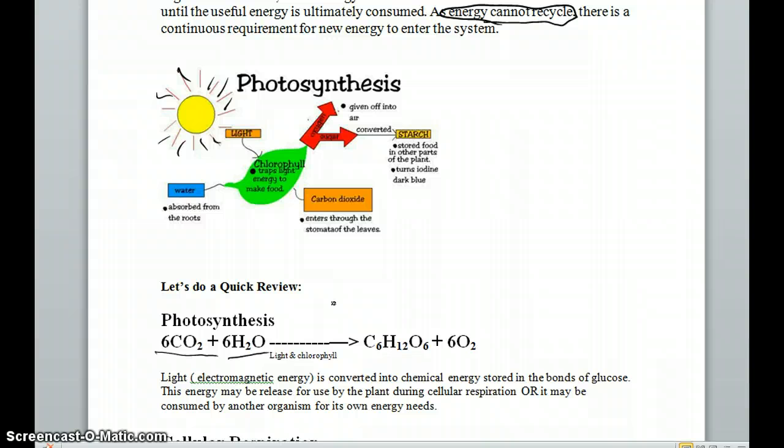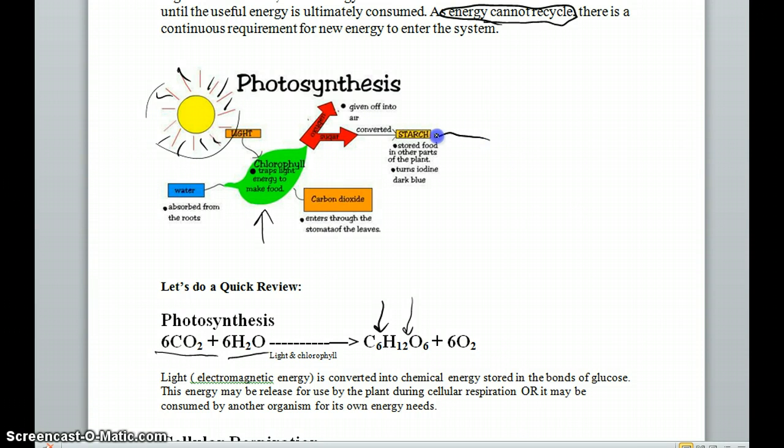We're not going to get into the detail of those reactions, but we know that it involves light and it involves chlorophyll, which is needed to trap the energy temporarily. And that energy gets transferred into the bonds of glucose. Now there are other molecules as well, but glucose is the one that we generally use.